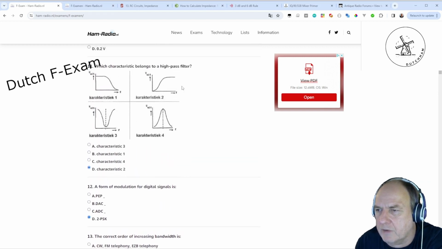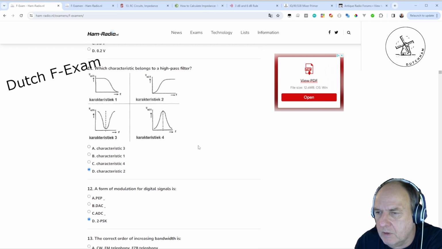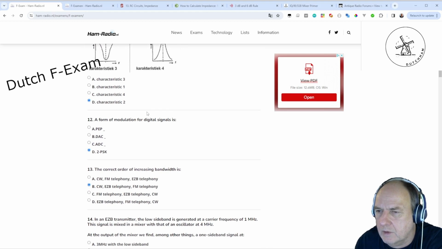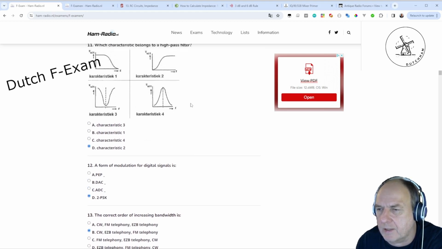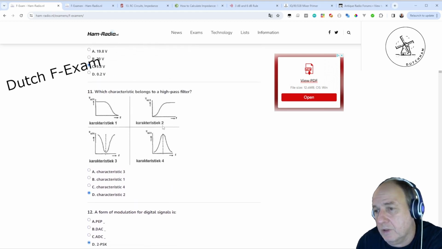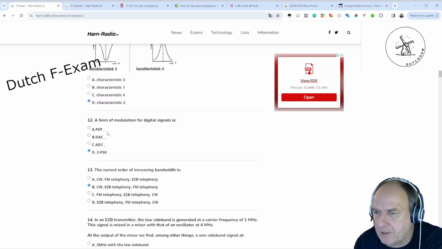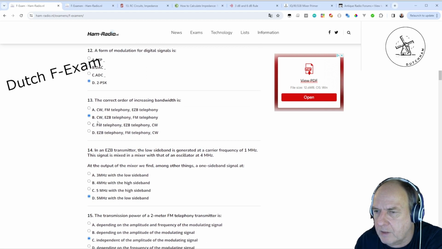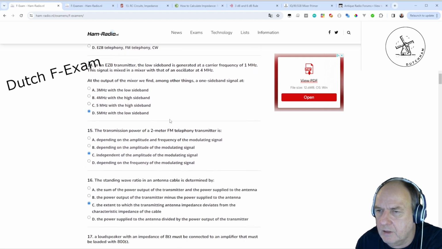So the high pass filter is that one. Characteristic 2, or in Dutch characteristic. This one is also good. PSK for digital form of modulation. The increasing bandwidth: CW, single sideband, FM telephony.